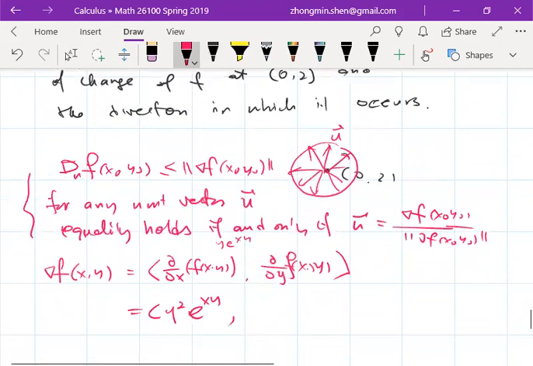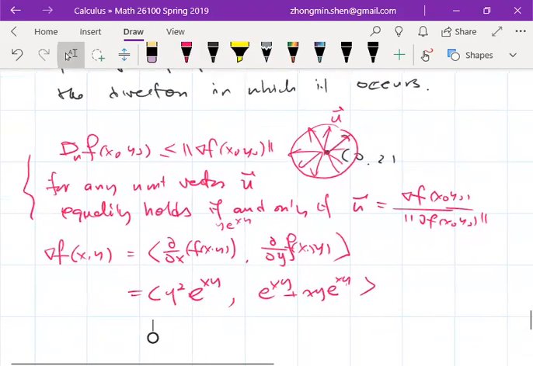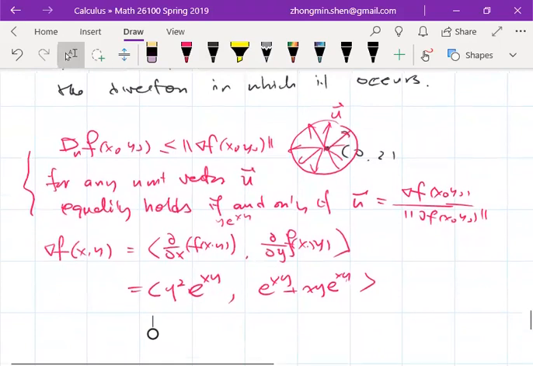The derivative with respect to y is going to be e to the xy plus xy e to the xy. You have to apply the product rule to y times e to the xy. The derivative of y is 1, then the derivative of the second part with respect to y gives x.